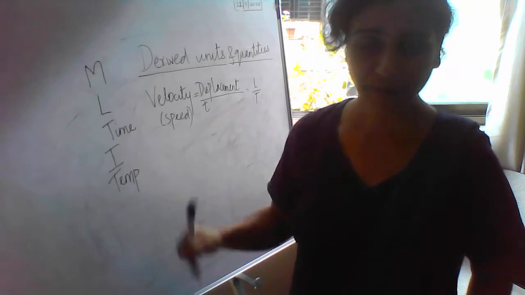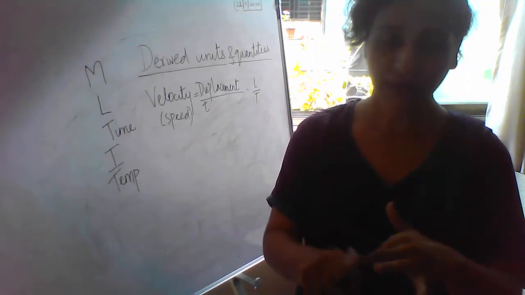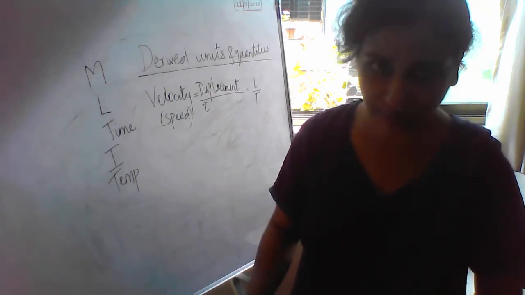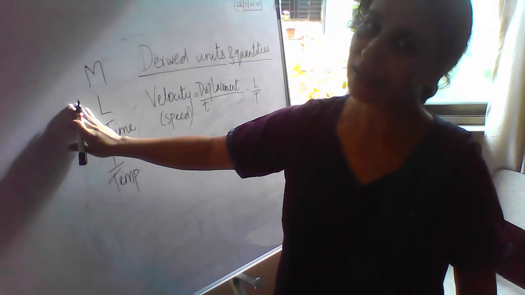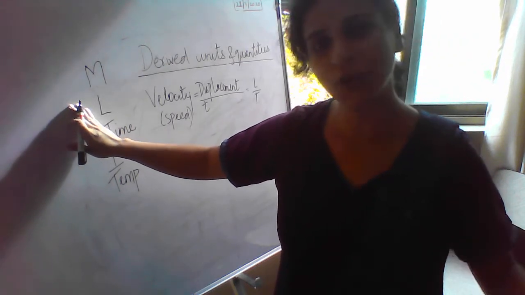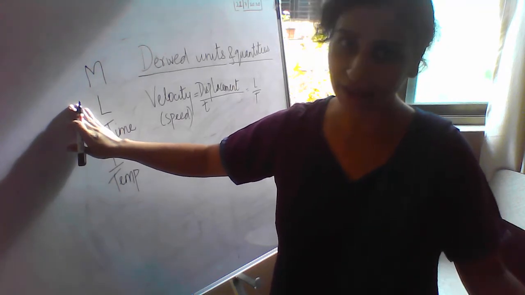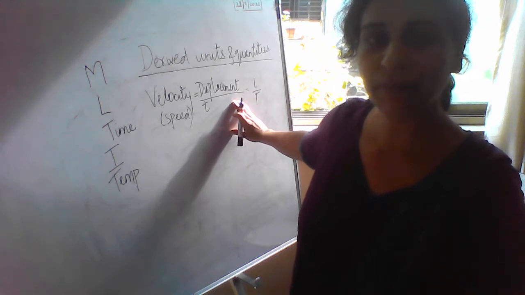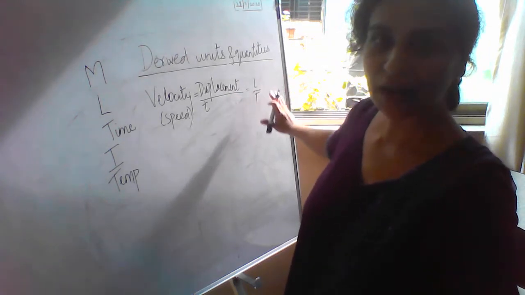Please note, distance, length, path traveled and displacement all fall under the same category, length. Ultimately, we have to measure it with a ruler, whether it is displacement, distance or path traveled. So it is the basic quantity length. So it is length upon time.